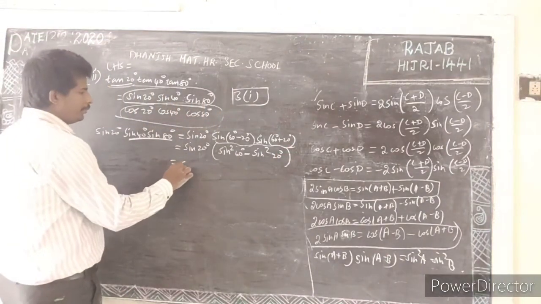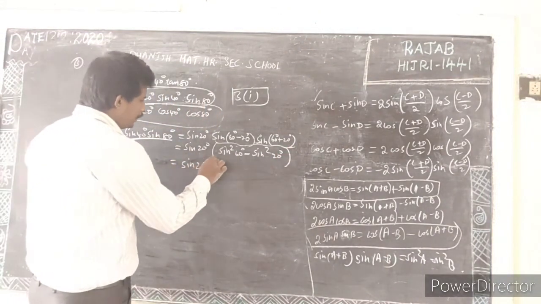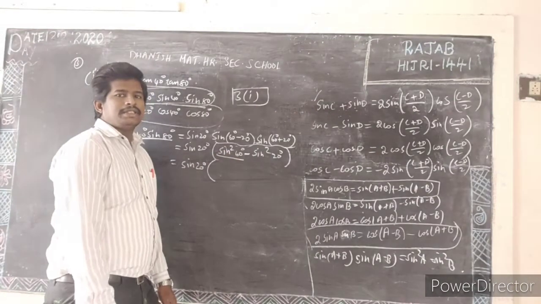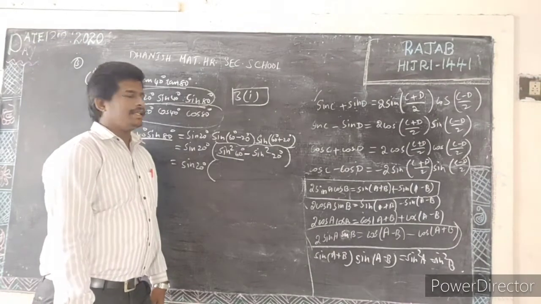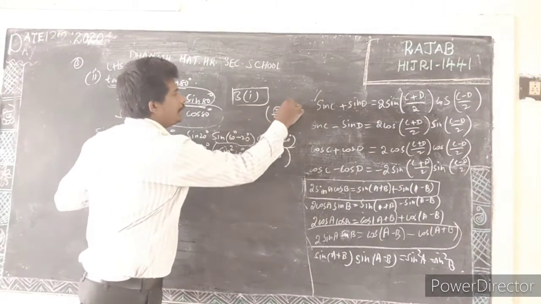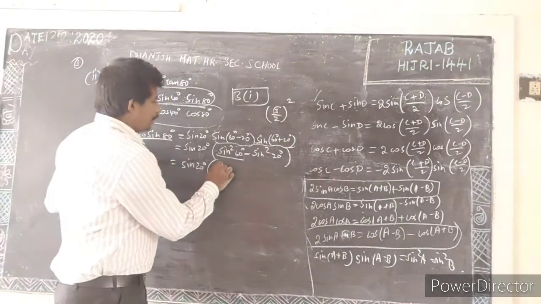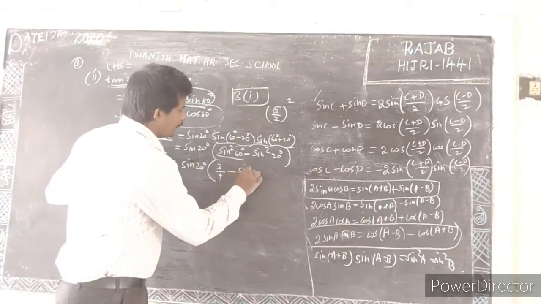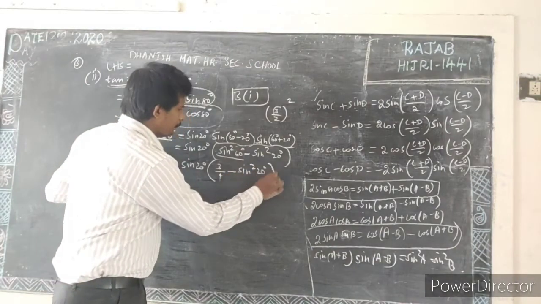Now this is equal to sin 20 degree into sin square 60 degree, sin 60 degree whole square. Our sin 60 degree is root 3 divided by 2. So root 3 divided by 2 whole square. So it's 3 by 4 minus sin square 20 degree.